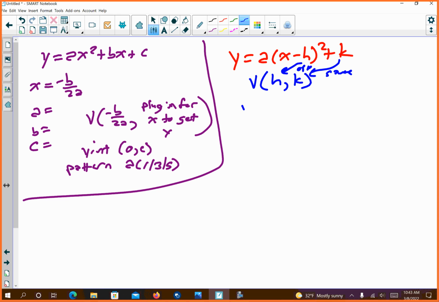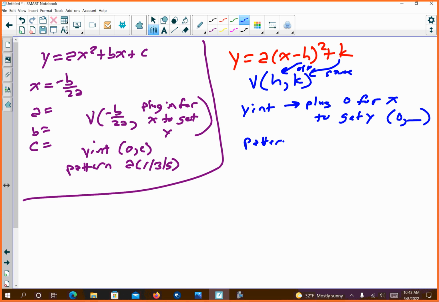If I wanted to find the y-intercept of this one, plug 0 for x to get y. So you get 0, something. Pattern graph is going to be a times 135. So that might be some good notes for you on that type of problem.